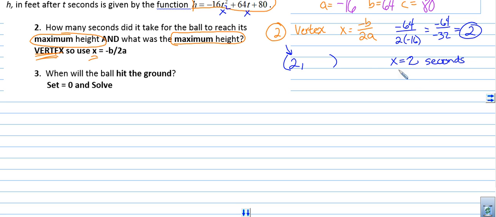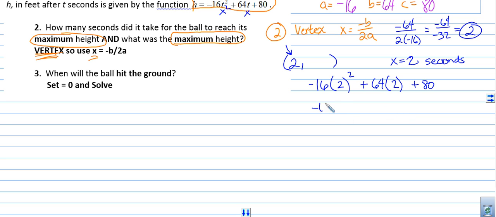Okay? And in order to find how high it went at 2 seconds, this tells us the height at a given time. So if we plug in the 2 for that, you'll get negative 16 times 2 squared plus 64 times 2 plus 80. Okay?